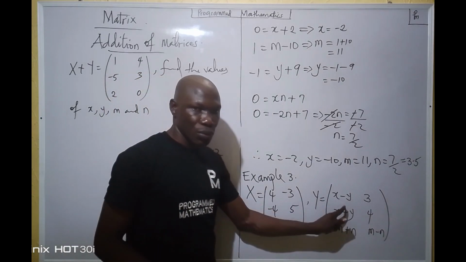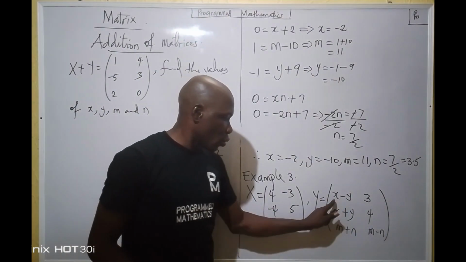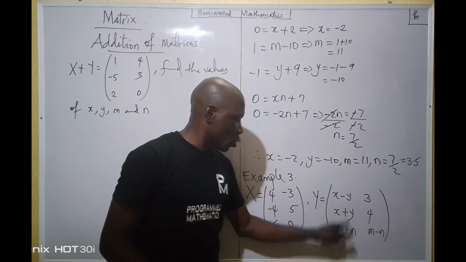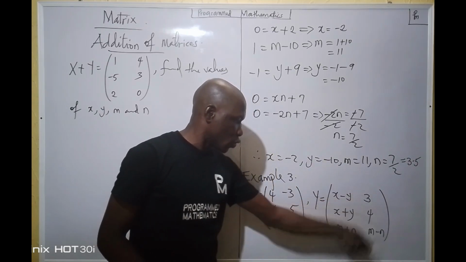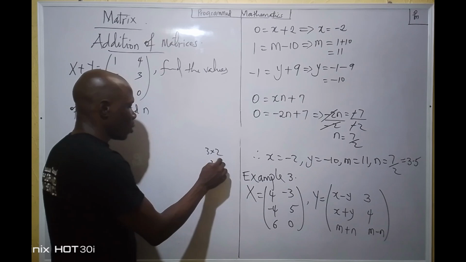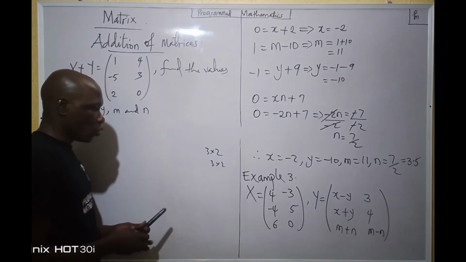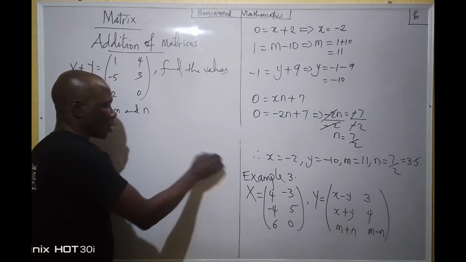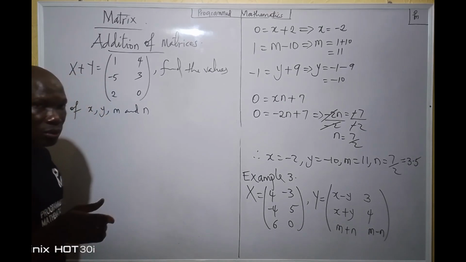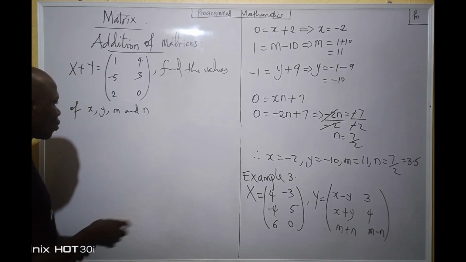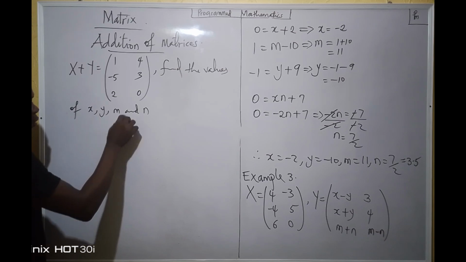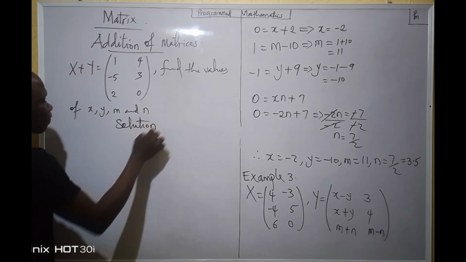The same is applicable to matrix Y: 3 rows and 2 columns. So that's also 3 by 2. I've told you before, when you're writing the order of any given matrix, you write the number of rows first before the columns. So now let's look at the solution to this.